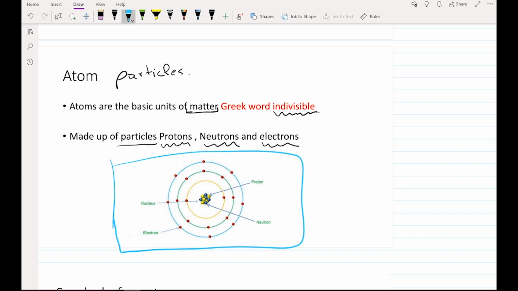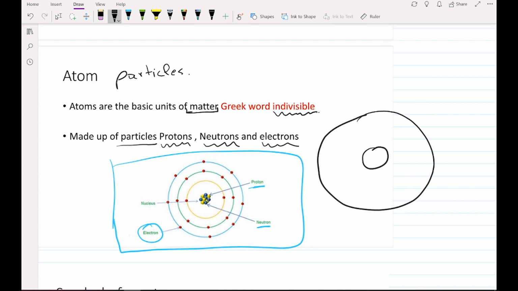Protons and neutrons are set inside the atom, while electrons fly around protons and neutrons. So, the atom is divided into two main parts, the nucleus and the electronic cloud.